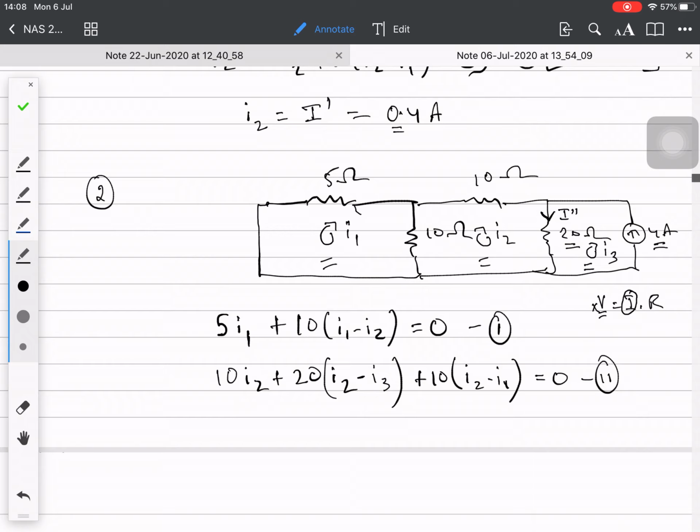So how do we get the third equation? If you see in this loop, this is I3, we have taken the direction like this, right? So if you see I3 is this, and this also has a current of 4 ampere in this upward direction. So basically what would be the value of I3?